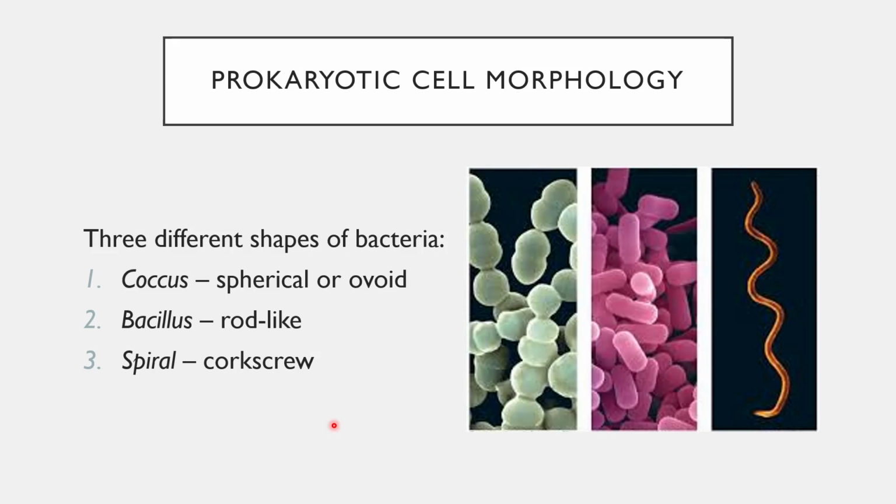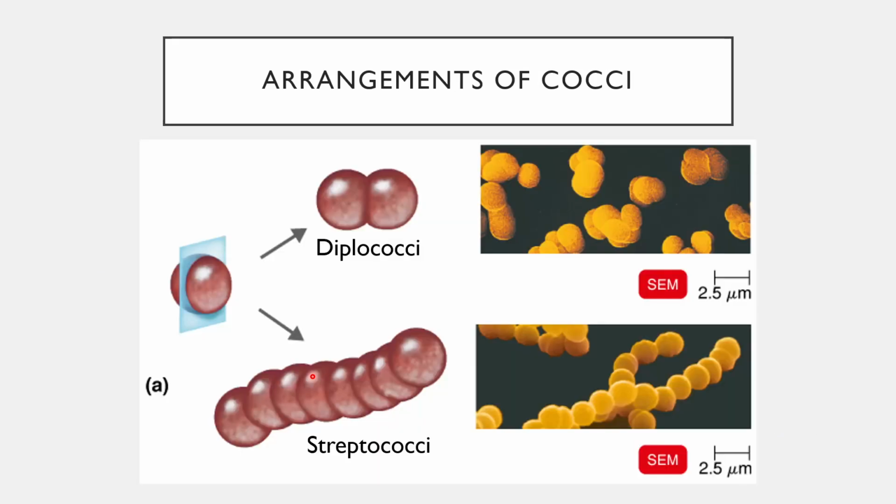Out of the three different main shapes, cocci, bacilli, and spiral-shaped bacteria, we're going to begin with the cocci. When we're talking about different arrangements of bacteria, what defines the arrangement is the plane of division and the number of times a cell will divide before it separates from its counterpart cells.